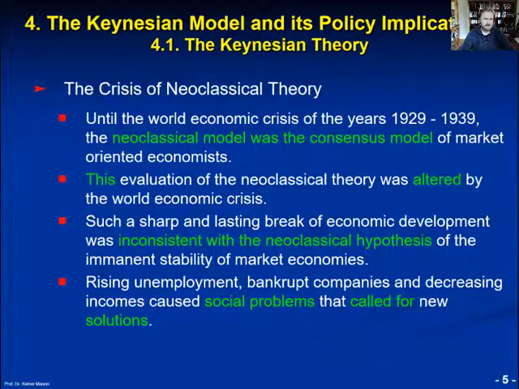Such a sharp and lasting break of the economic development was inconsistent with the neoclassical hypothesis of the immanent stability of market economies. Rising unemployment, bankrupt companies, and decreasing household incomes caused social problems that called for new solutions.